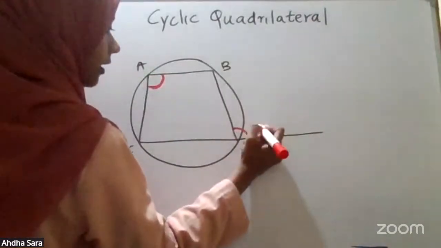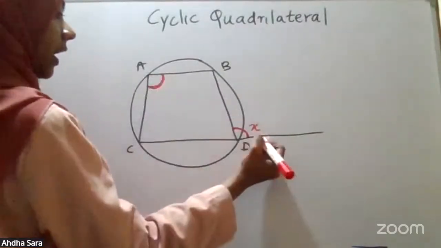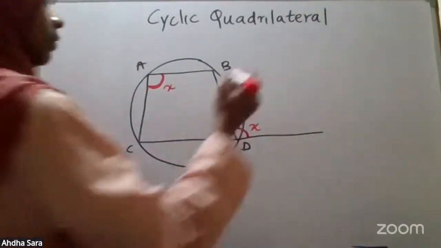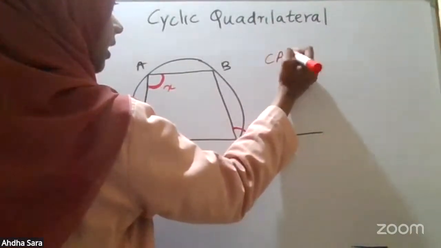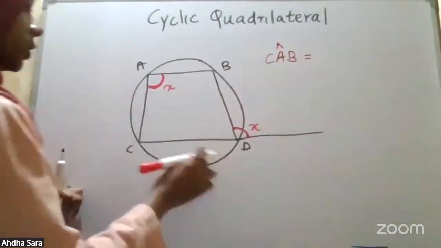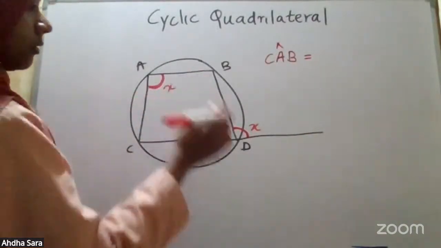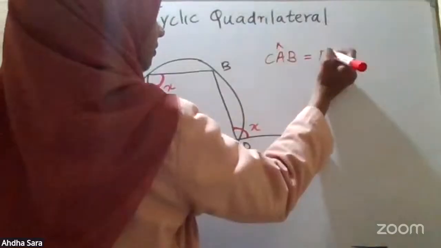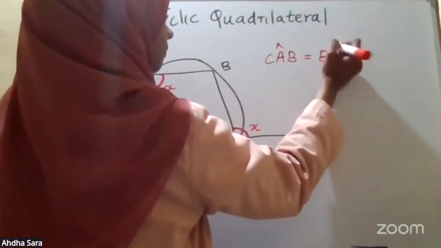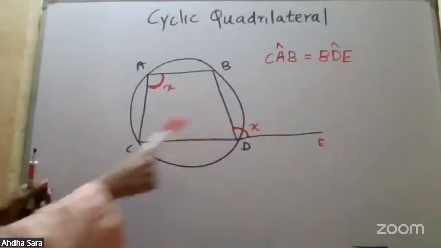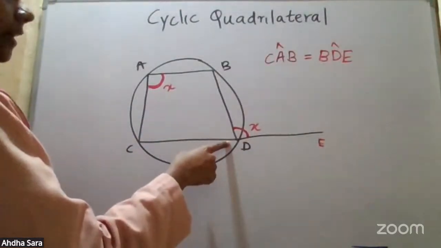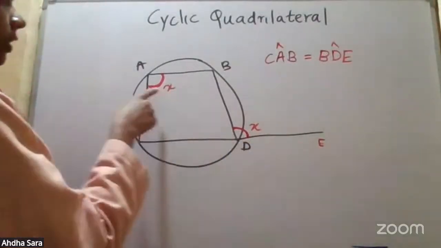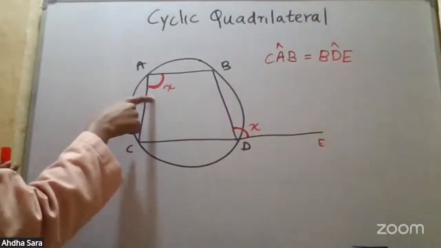So the angle here will be X and this also gets the same. So the angle CAB will be equal to the angle BDE. What's the reason you get here? The exterior angle that is formed when the side CD is produced will be equal to the opposite interior angle.